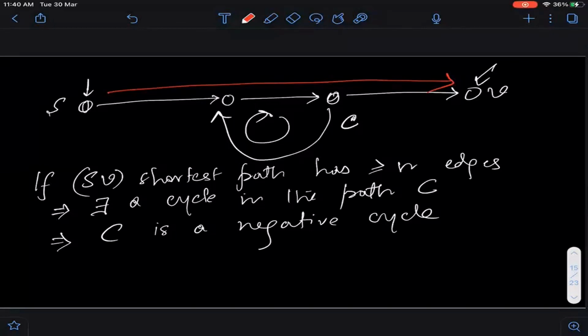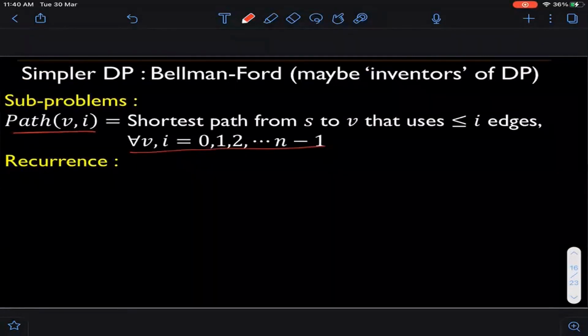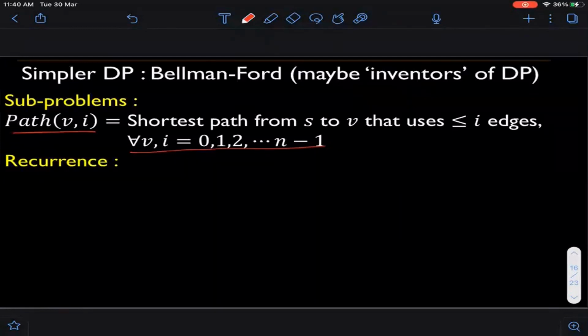Then any shortest path cannot use more than n-1 edges. Absolutely clear to everyone? Great. So this is my range: I will have a subproblem for every V, and for i ranging from 0 to n-1.